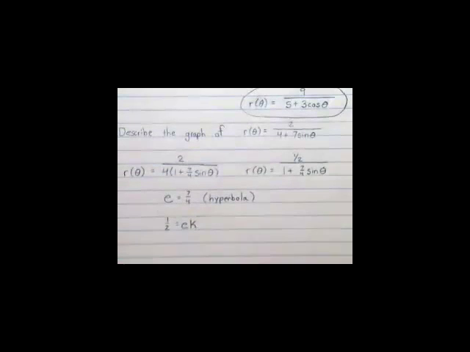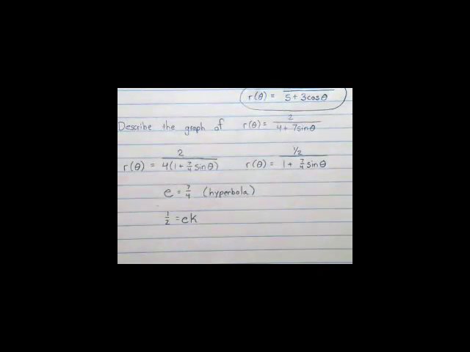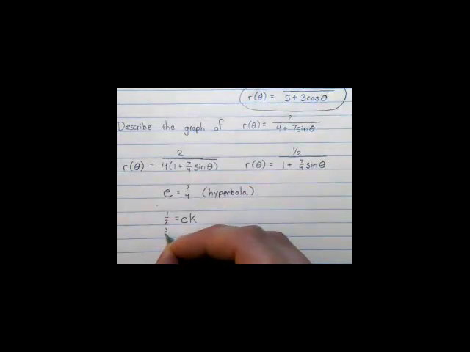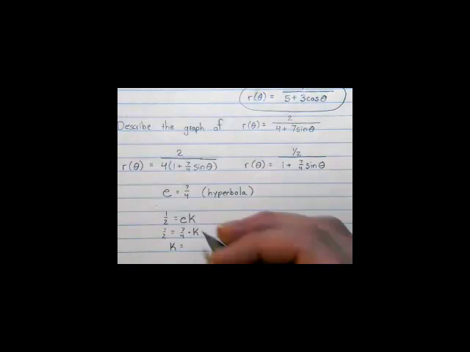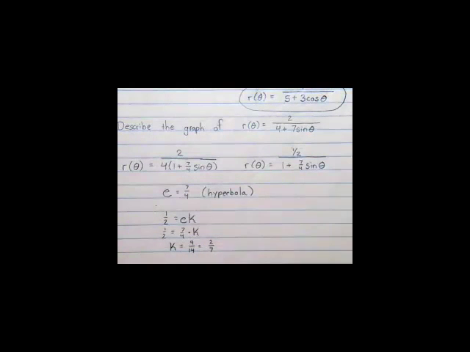The E, so we could figure out the K, right? So 1/2 is equal to 7 fourths times K. So K would be equal to what? 4 over 14, which reduces, so 2/7. Yep.